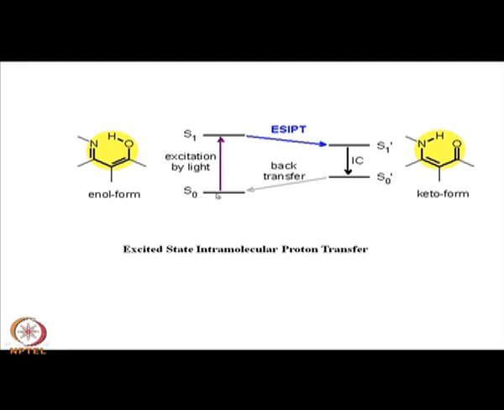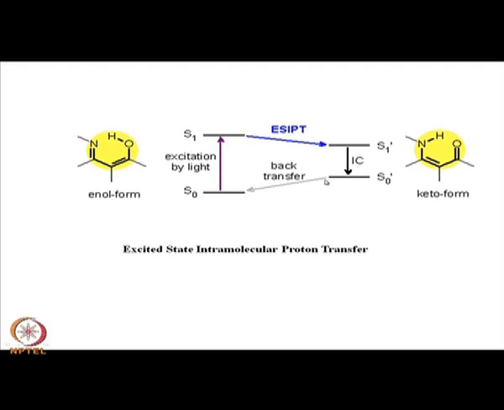S0 to S1 excitation by light, then excited state intramolecular proton transfer, then internal conversion, or emission. Emission will give rise to a red-shifted photon, and then back proton transfer gives rise to the enol form again.